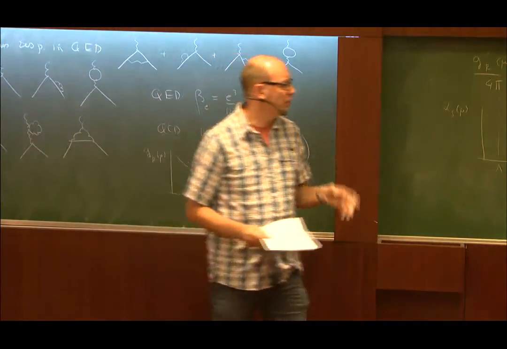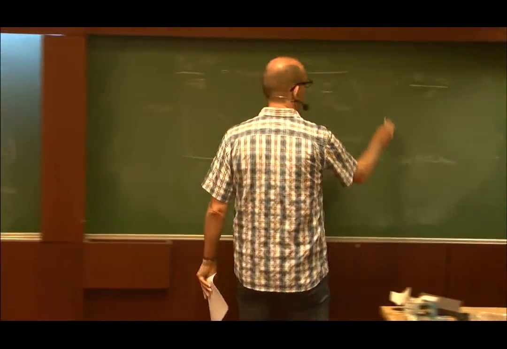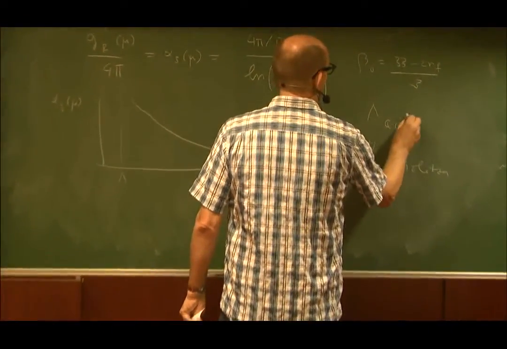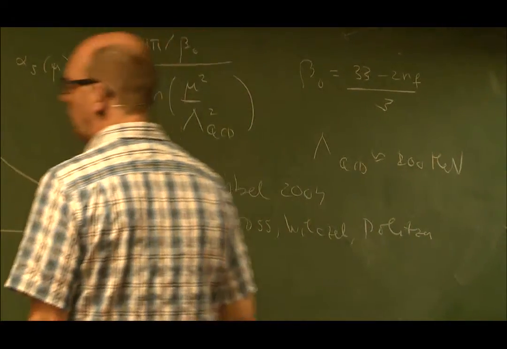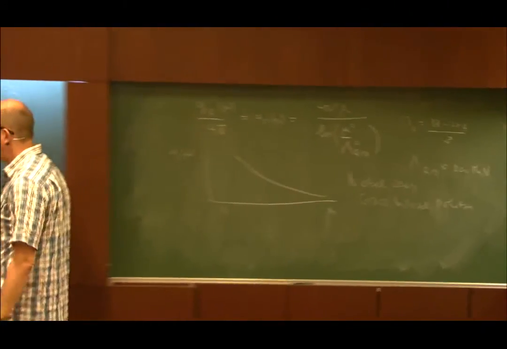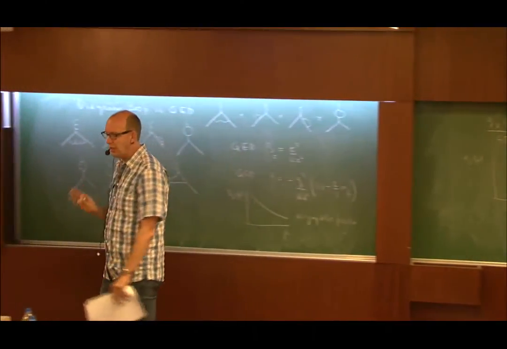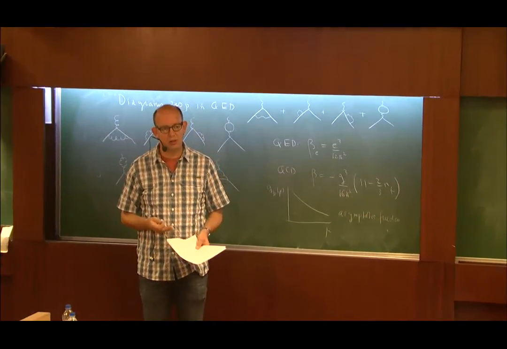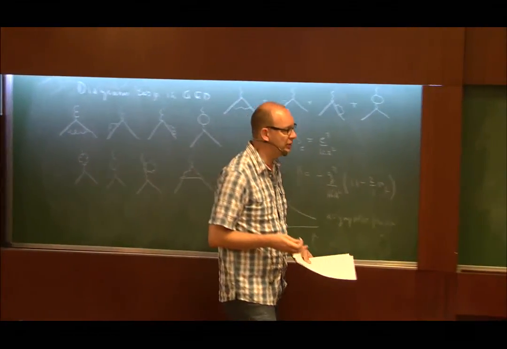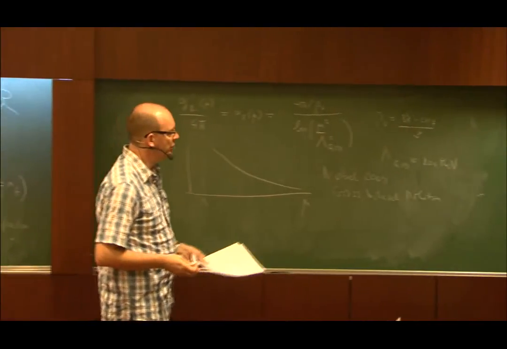The typical value is about 200 MeV, which we're quite pleased by because that is also roughly the size of the pion mass. So the low energy QCD scales are similar, the pion mass and lambda QCD.